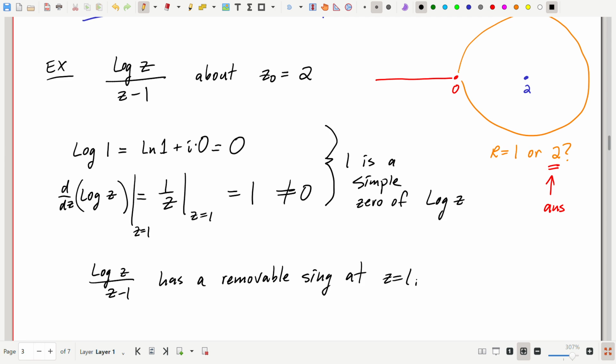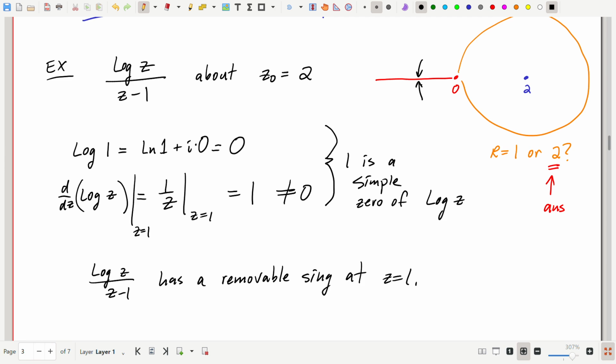Question? So the radius of convergence is 2 at this point because the log is not defined at 0, even though z minus 1. Well, log's not, no. Yeah, you can't make it go beyond that because, for example, that log function jumps. If I were to follow it this way and follow it that way, the log function has a jump.